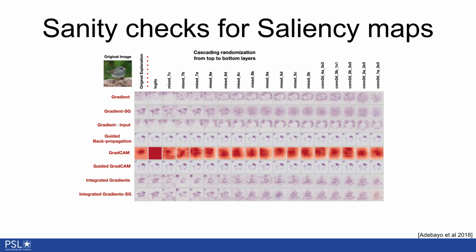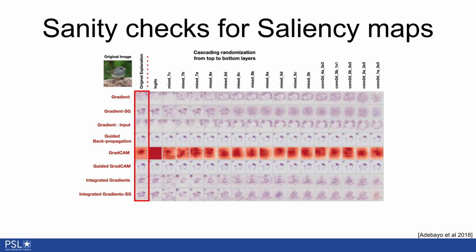The first one was to randomize the parameters in the neural network. Here's an illustration of how this is done. The leftmost column here shows the saliency maps obtained from a full trained network using different methods for an example input image shown on the top left.